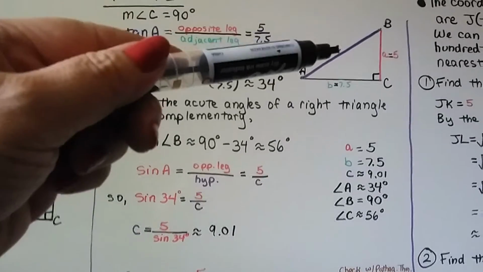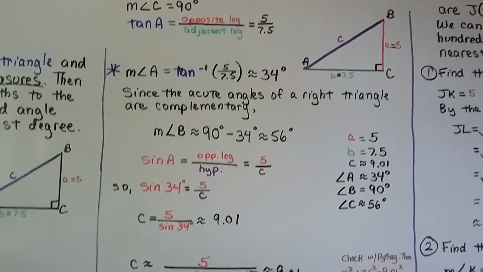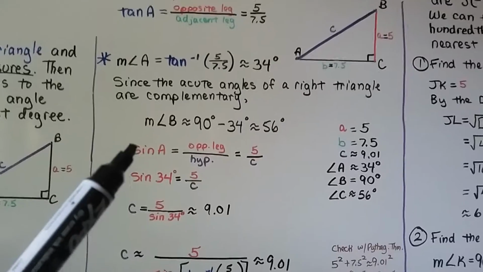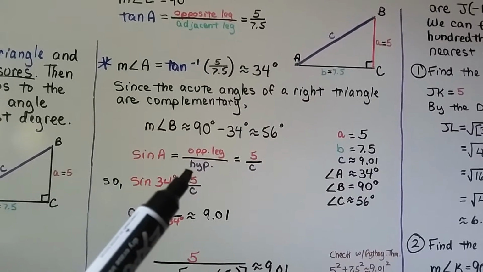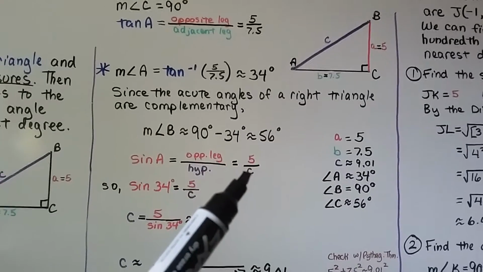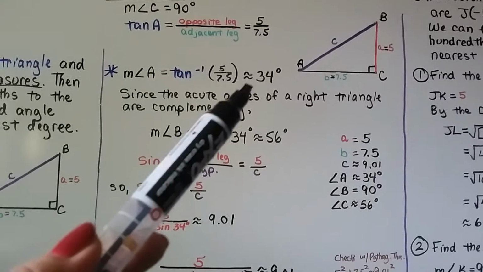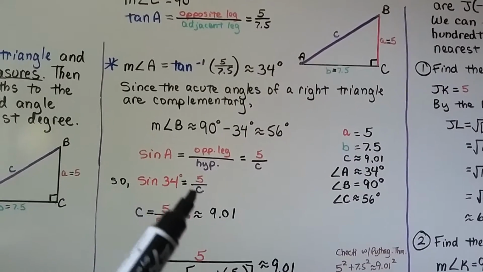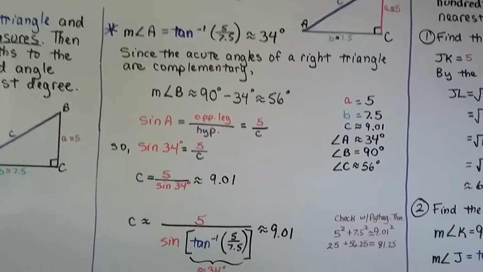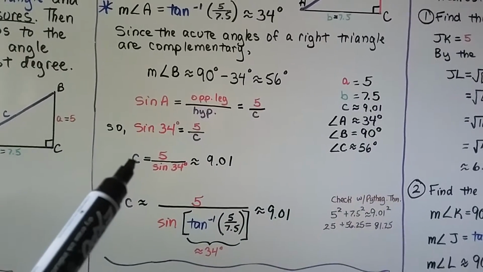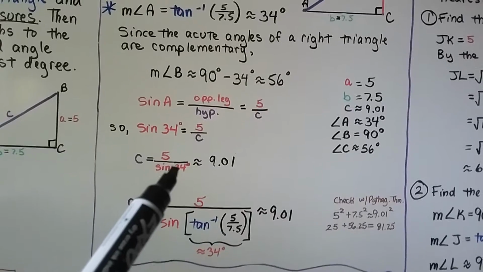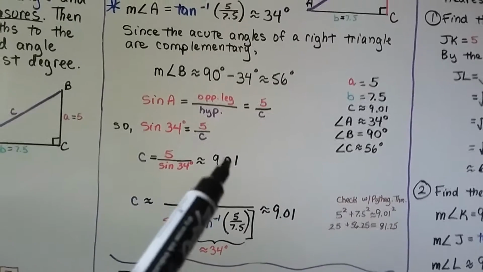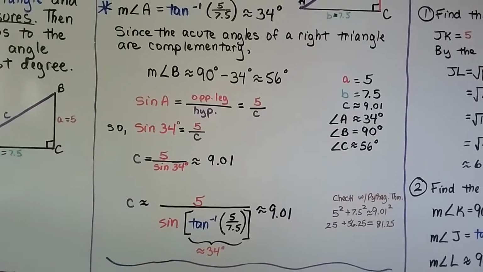Now we need to find C, that side length, okay? And the sine of A is the opposite leg over the hypotenuse, that's 5 over C. That means, because we know A is 34 degrees, the sine of 34 degrees is equal to 5 over C. And C is equal to 5 over the sine of 34 degrees, which is approximately 9.01.